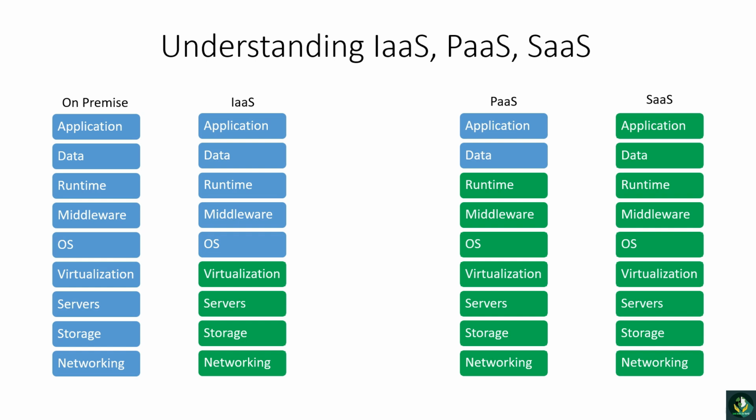Now in some ways, as a consumer of the service, this may not look that different to an on-premise data center. You still remote into the machine and you have operating system level control, so you can configure your middleware and your runtime and you deploy your apps.